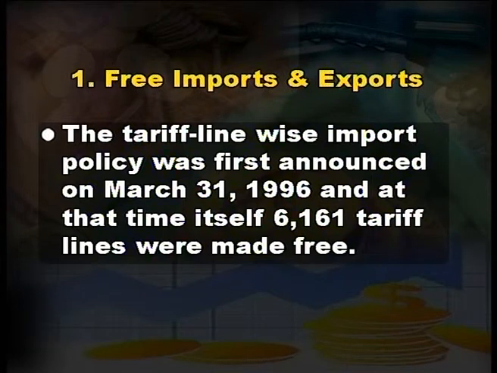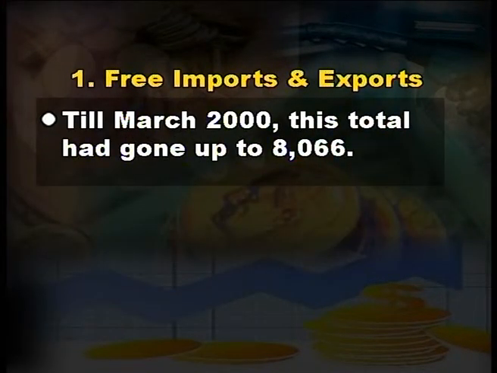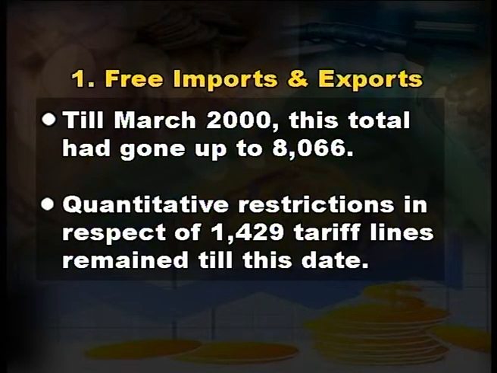The tariff line wise import policy was first announced on March 31, 1996, and at that time itself 6,161 tariff lines were made free. Till March 2000, this total had gone up to 8,066. Quantitative restrictions in respect of 1,429 tariff lines remained till this date.